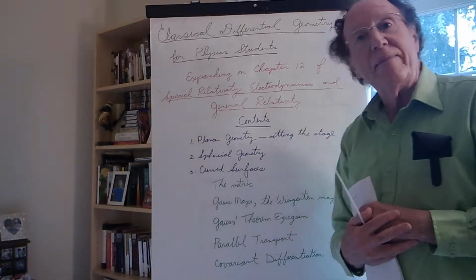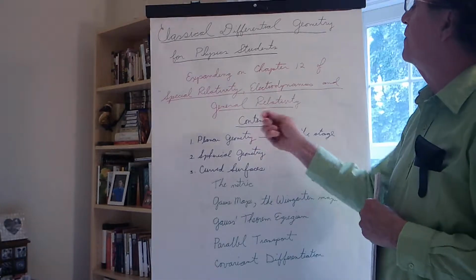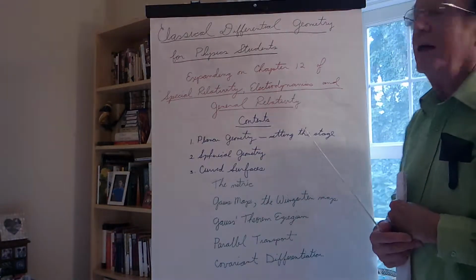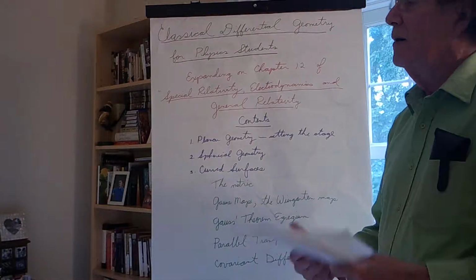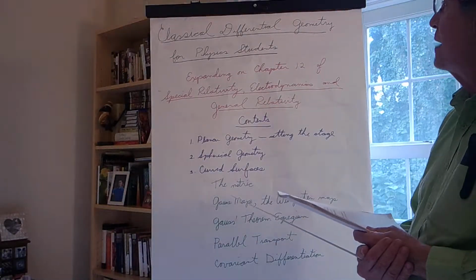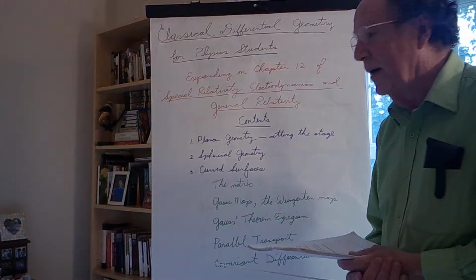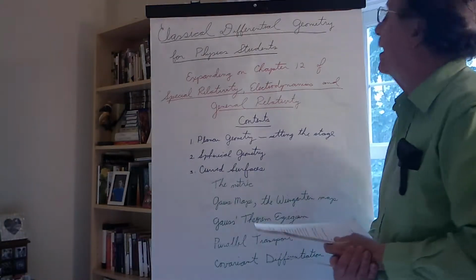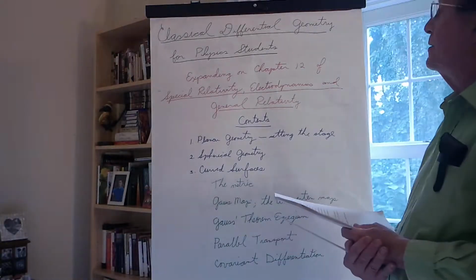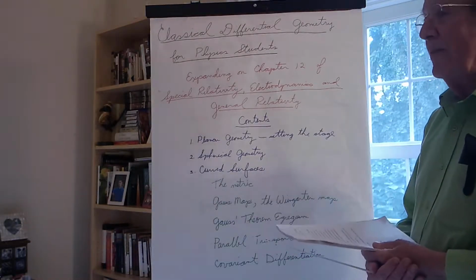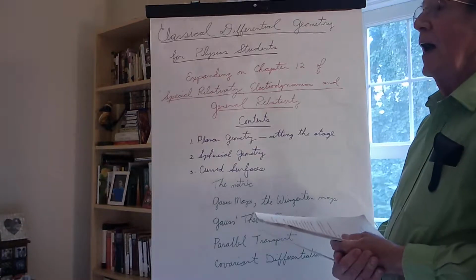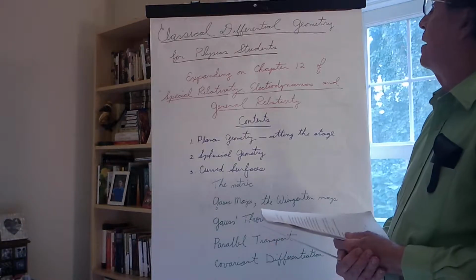Okay, so we'll be emphasizing the concepts of Classical Differential Geometry, but our emphasis will be on teaching physics students how to think about the subject and how to prepare for research in field theory, general relativity, and subjects of that kind. So we'll be emphasizing intuition and visualization.